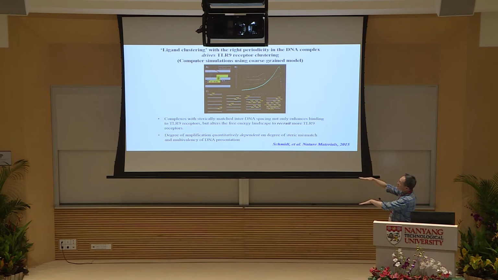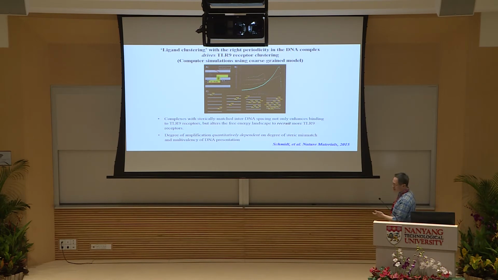And what they see is that as you change the inter-DNA spacing to a periodicity that matches up with toll-like receptor 9, you get a massive recruitment of toll-like receptor 9 to the binding region. You change the free energy landscape of binding, so you get a lot more toll-like receptor 9 going to the binding region.